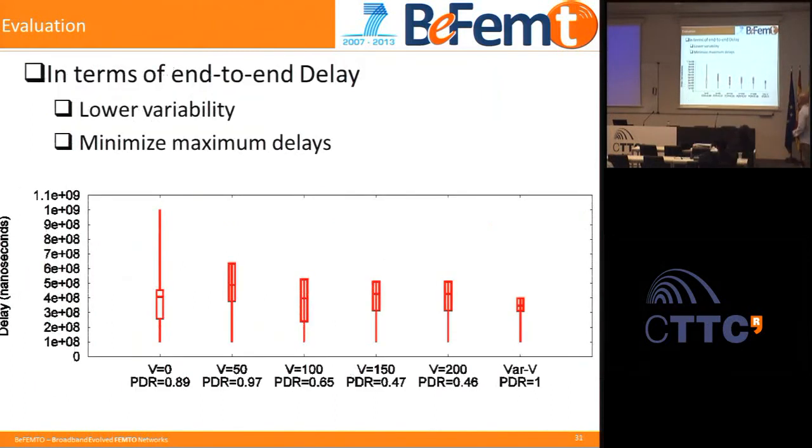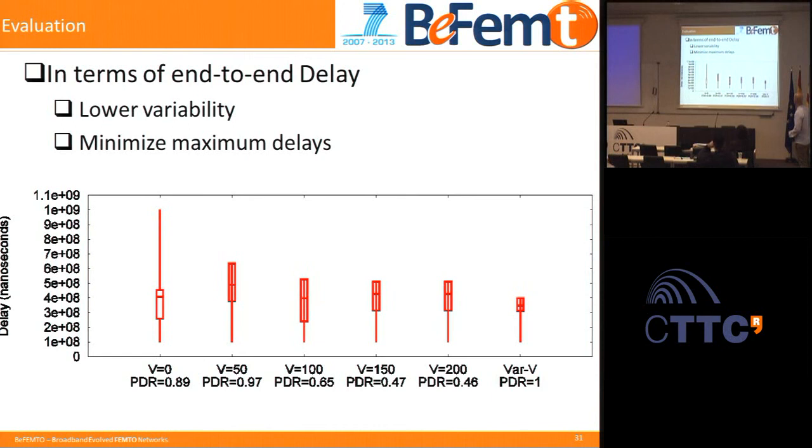In terms of delay and packet delivery ratio, we plot the distribution of packet delay, and we saw that for the fixed B policies, we lose packets because of queue drops, and we experience high variability in terms of packet delay.